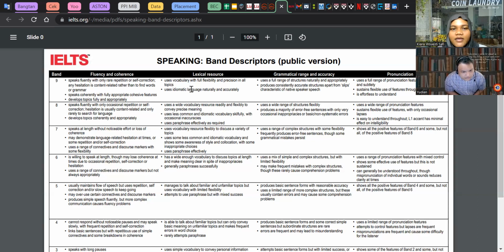This means for lexical resource at band 7, you need to use vocabulary related to your given topics and use it effectively in the sentence. The use of idiomatic vocabulary or phrases is not a must, but if you can do it naturally, that will be a good point.